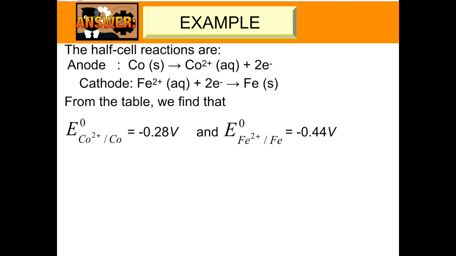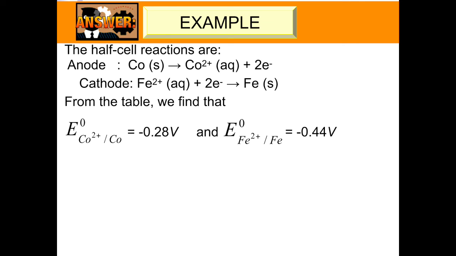From the table of electrochemical series, we find that the value of standard reduction potential for cobalt is -0.28 volt, while for ferrum is -0.44 volt.